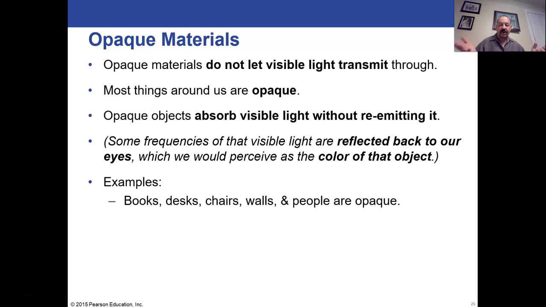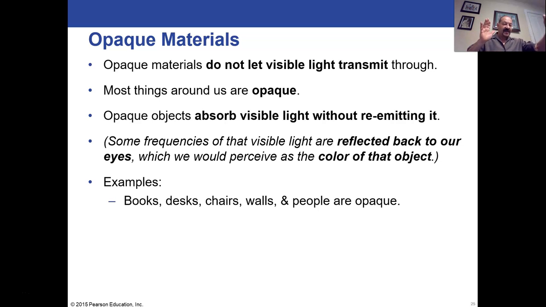So examples: books, desks, chairs, walls, people, anything you can't see through is opaque to visible light. When we say opaque in this class, we're going to mean opaque to visible light, but you can discuss opaque to other frequencies of light. You might say, oh, this object is opaque to gamma rays. In other words, gamma rays can't get through it. You might have 5 feet thick of lead.